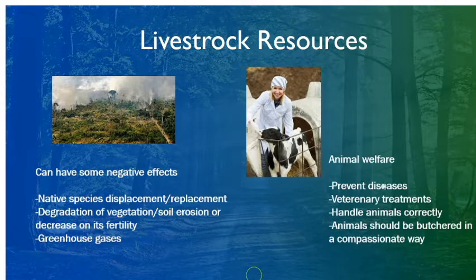First of all, animal welfare, for example, we see a veterinary over here, is to prevent diseases, provide veterinary treatments, and also to handle animals correctly. It is to not produce harm. You must not hurt the animals even though they are being used at this point to produce different types of resources. Also, animals should be butchered in a compassionate way. When animals have to be killed in order to produce certain things, this has to happen in a compassionate way, not through abuse.